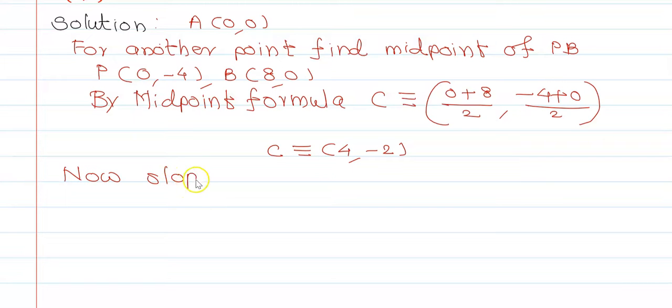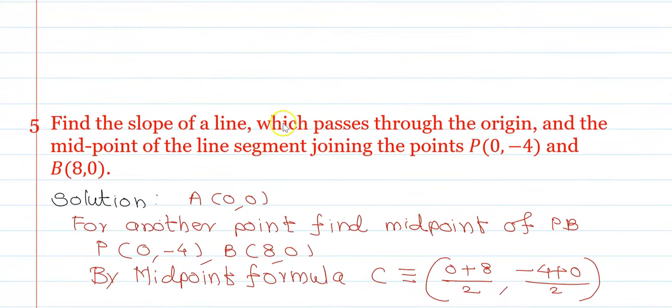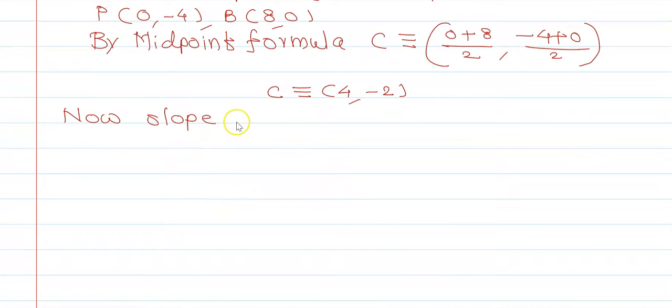Now we want to find the slope of the line which passes through the origin, the slope of AC. And what about the A? A is the origin.